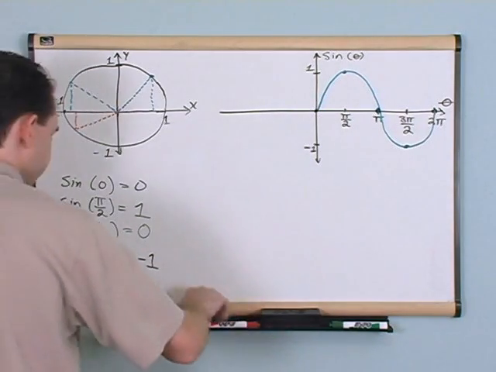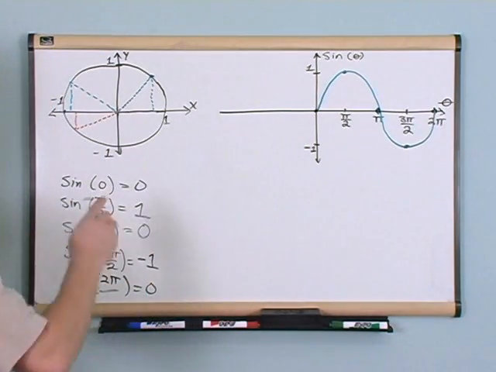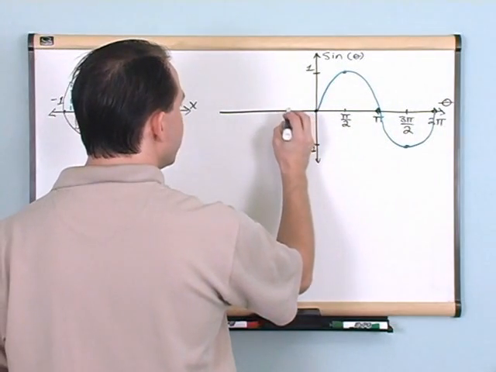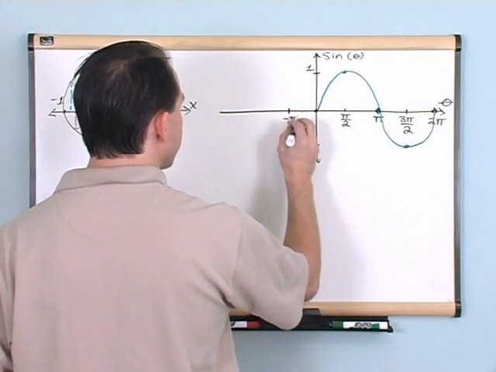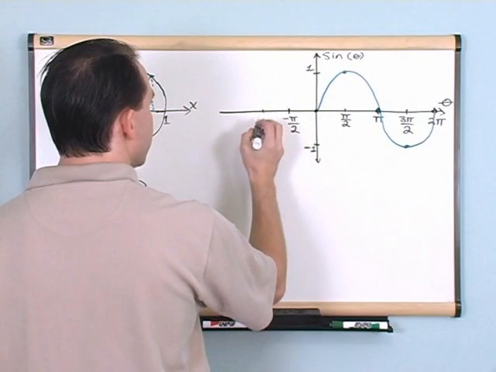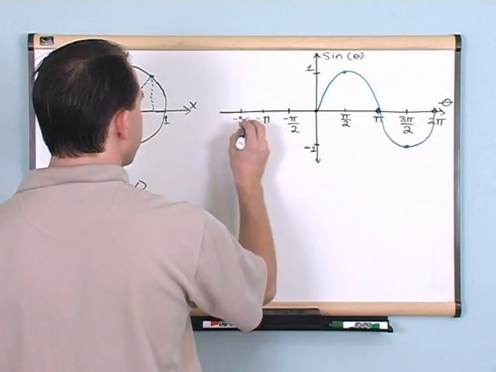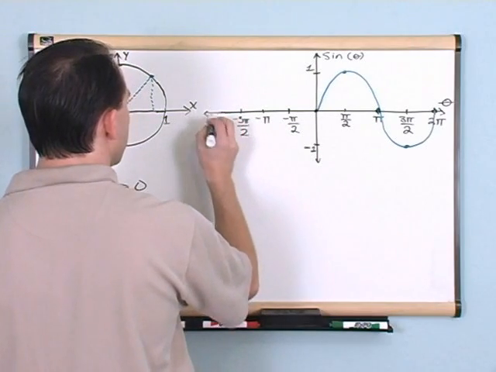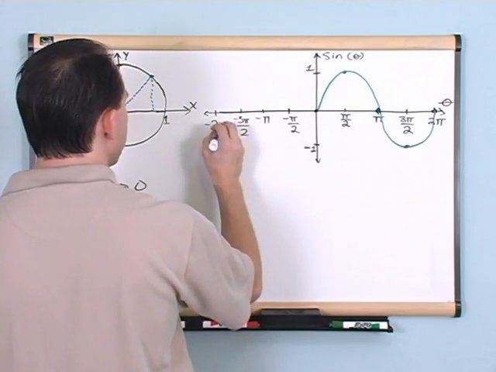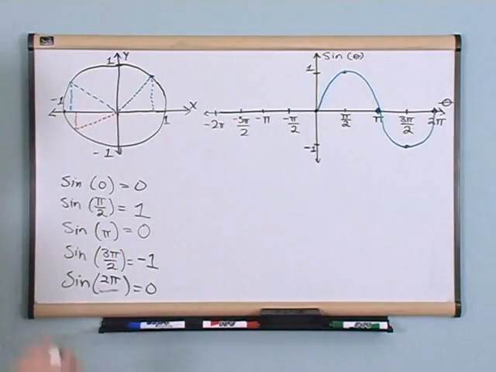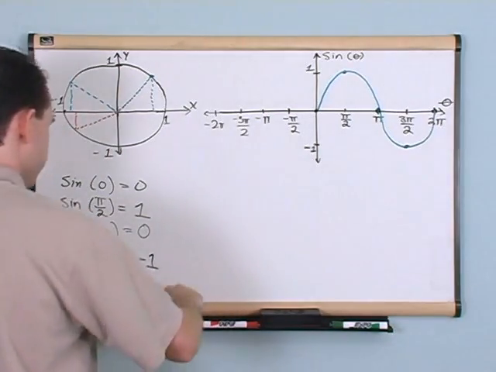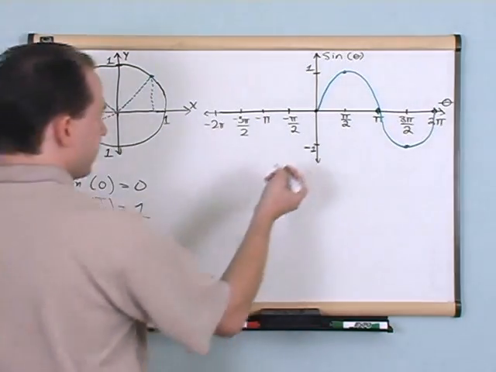Now, one thing I will say, just to kind of drive it home, is you also have the negative angles: negative pi over 2, negative pi, negative 3 pi over 2, and negative 2 pi. Of course, you can go back farther negative if you want. And really what you have is the same deal here.